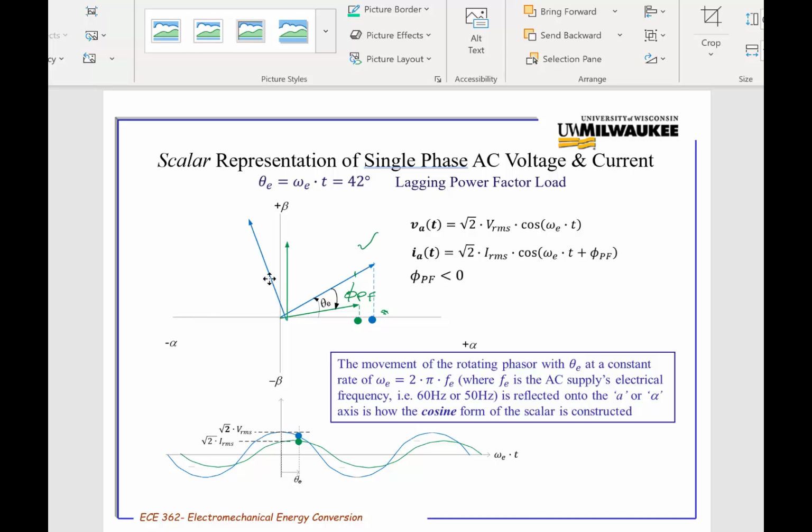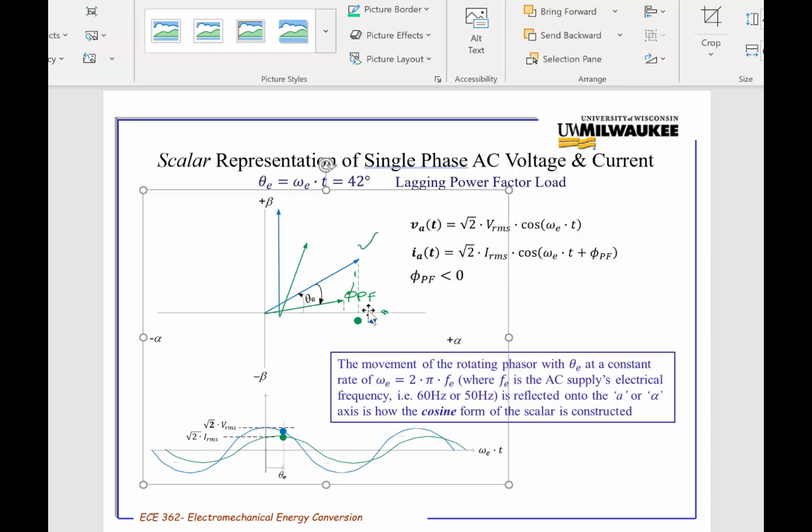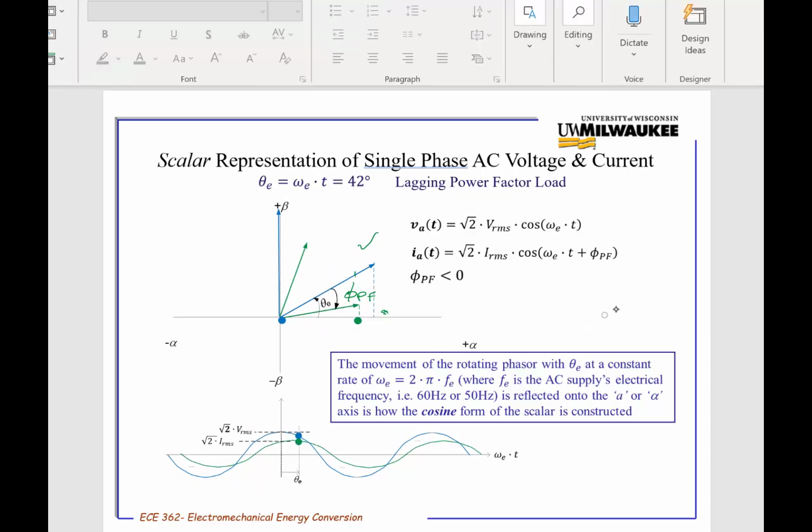So here it is at 90 degrees. So at alpha E equals 90 degrees, if you reflect the phasor amplitude of the voltage, the blue phasor, onto the alpha, it's 0. Oops, you've moved to the center right there at 0, and then so on. You can go negative here.